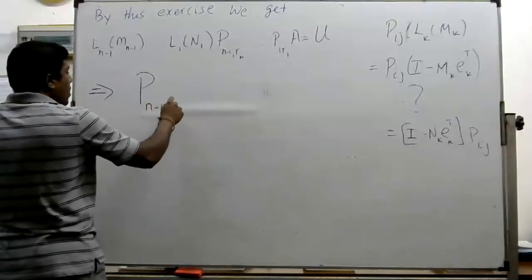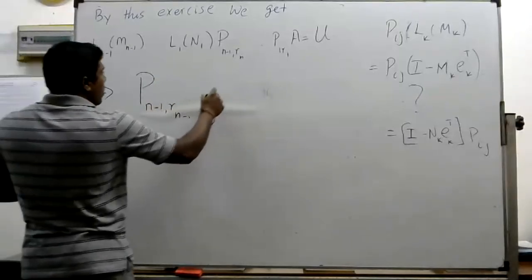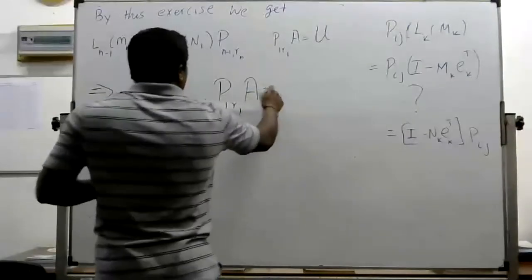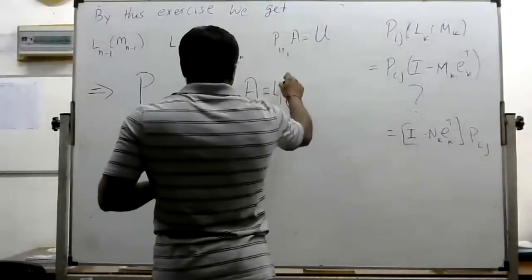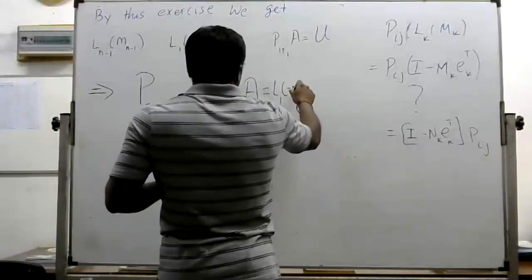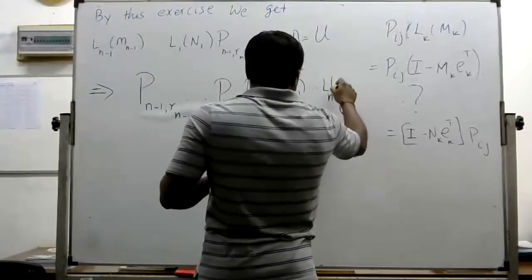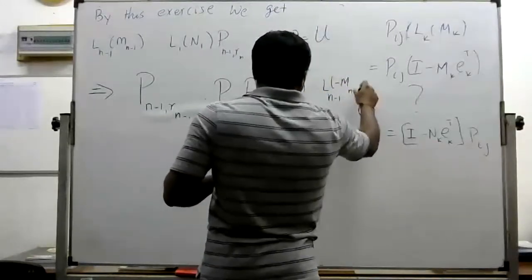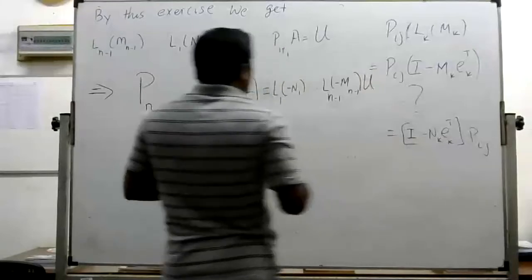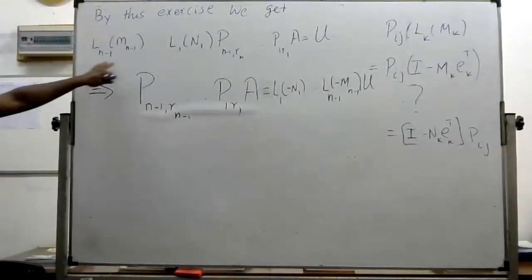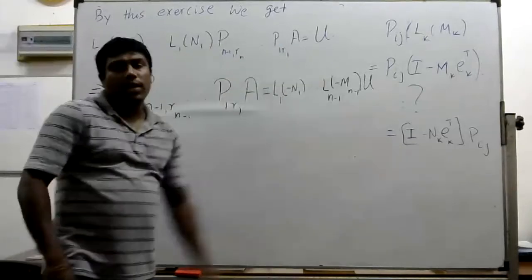So Pn-1 Rn-1 up to P1 R1 A is equal to L1 inverse up to Ln-1 inverse times U. You multiply by the inverse of these matrices on this side.